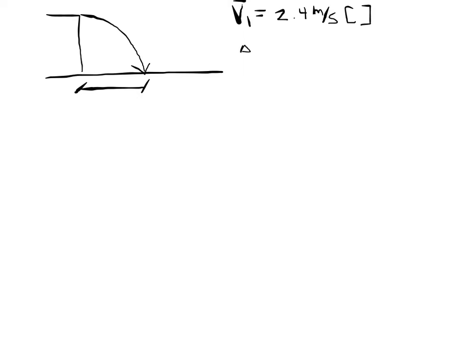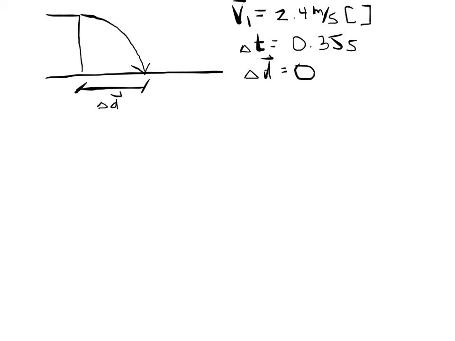We have a delta t now of 0.35 seconds. It's traveling toward its landing location for as long as it takes for the ball to fall, because when the ball reaches the ground, it's reached its landing location. We need to find its horizontal displacement here.